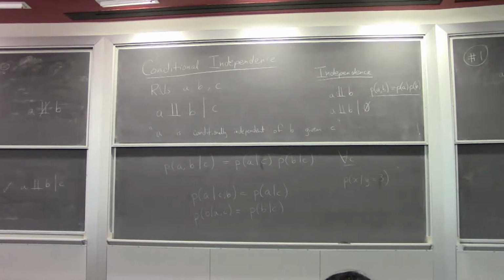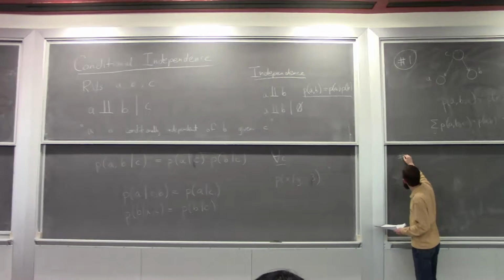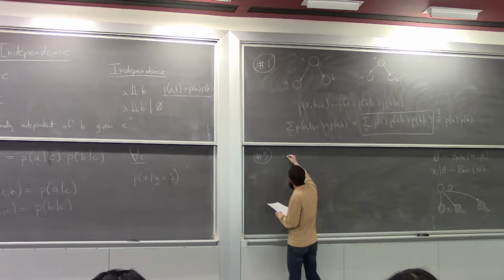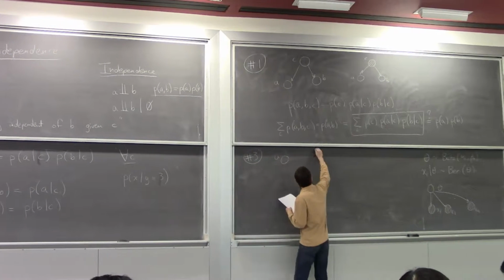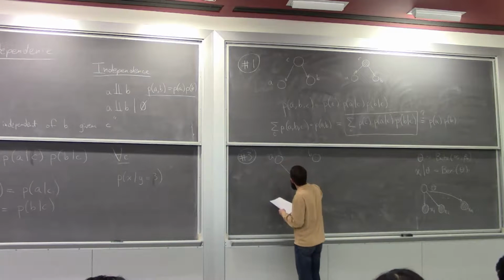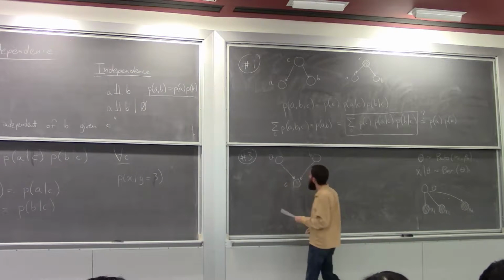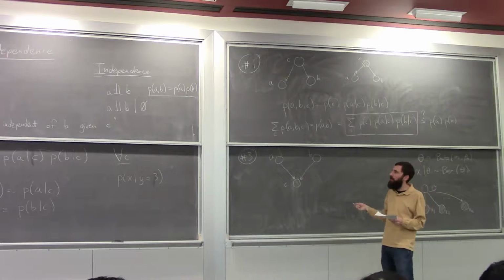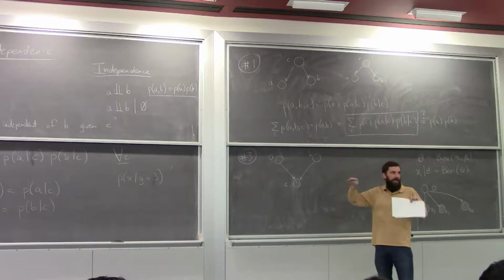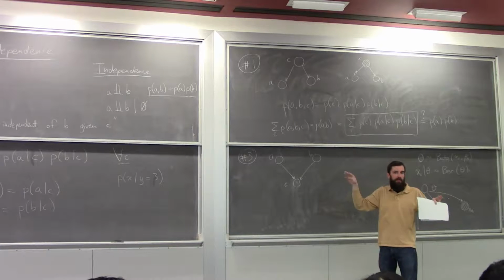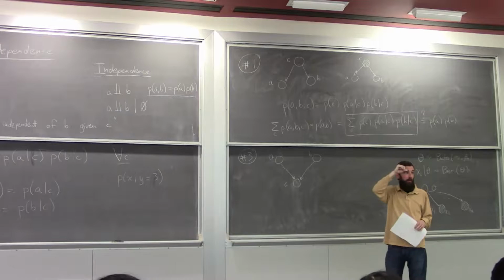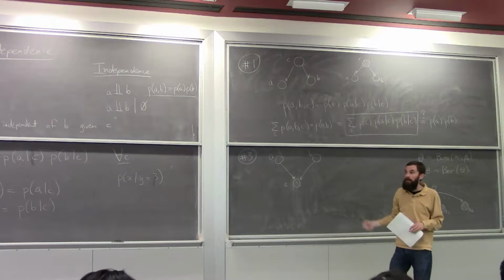But let's see, number 3. All of these examples, by the way, are A, C, B with arrows between A and C and C and B. It's just a matter of which way the arrows are pointing in all these cases.